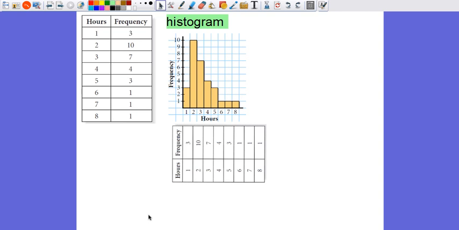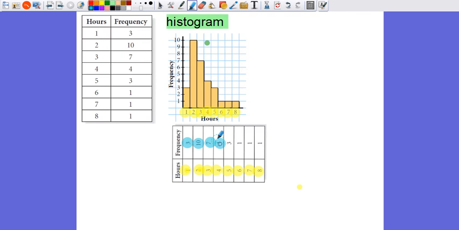Now, the number of people, look at the hours, how they match. 1, 2, here, let me just highlight it. 1, 2, 3. 1, 2, 3, 4, 5, 6, 7, 8.